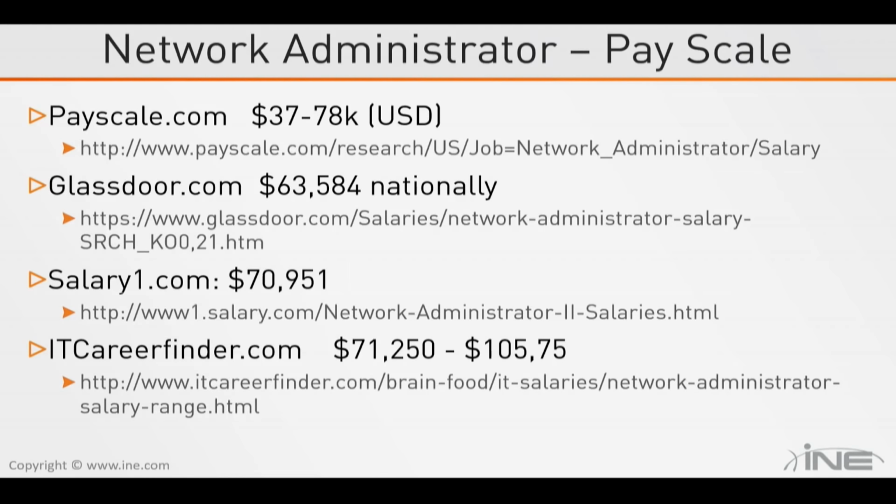Now, all of this is based on the United States, so if you're watching this from a different country, you'll have to go to whatever websites are appropriate for your particular geography. But here in the US, you can reasonably expect to get paid a minimum of about $40,000 a year as a network administrator, and then it can go all the way on up to $105,000 if you're working for a really large company and you have quite a bit of experience. But you can see it seems to be around the $60,000 to maybe $70,000 a year range.